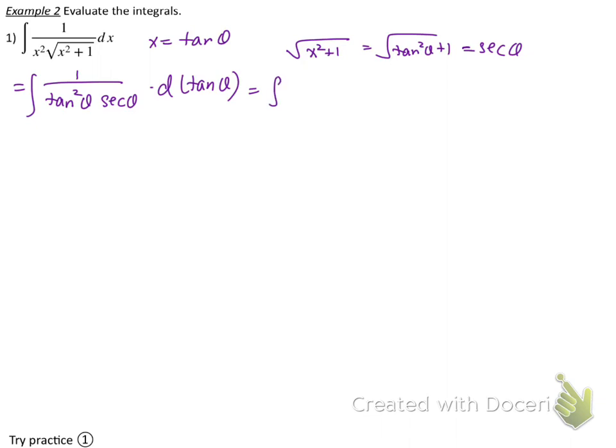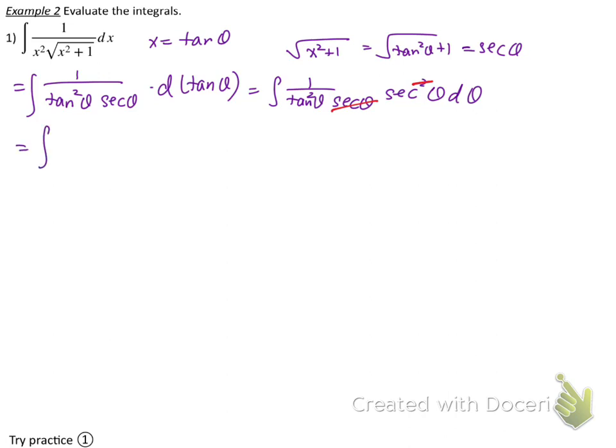And the derivative of tan, sorry, let me copy all these. The derivative of tan is secant squared d theta. Then we can cancel the secant with the secant, and we are having actually a secant over a tangent squared. Let's write them in terms of sine and cosine.